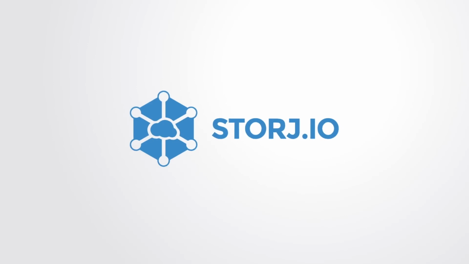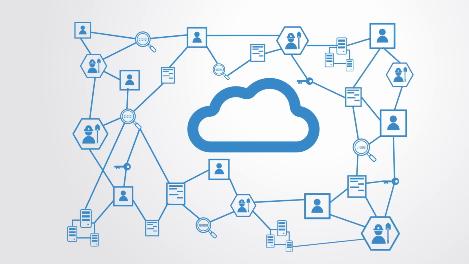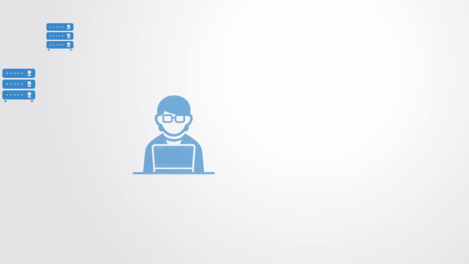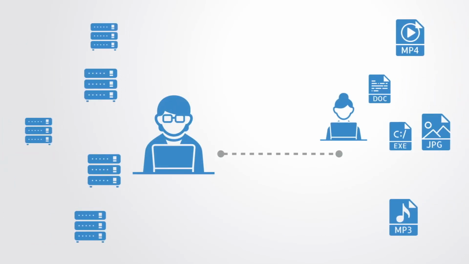Another example is Storage, which is a decentralized cloud storage application similar to Dropbox. Storage is based on blockchain technology and peer-to-peer protocols to provide a secure, private, and efficient cloud storage system. The application incentivizes storage providers and connects them with those who require it.